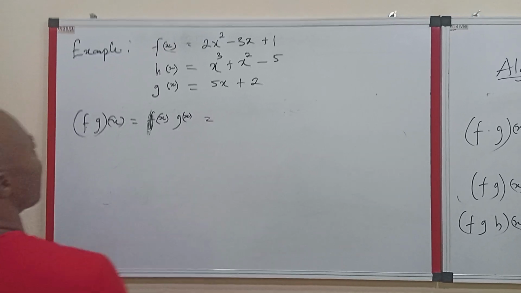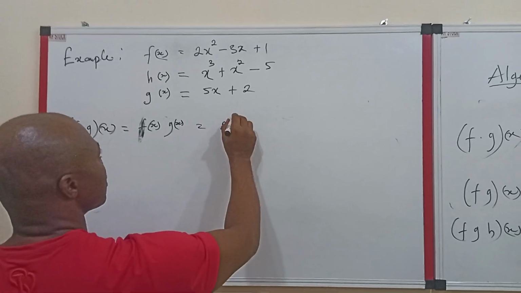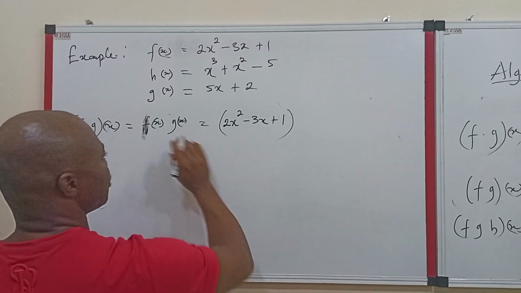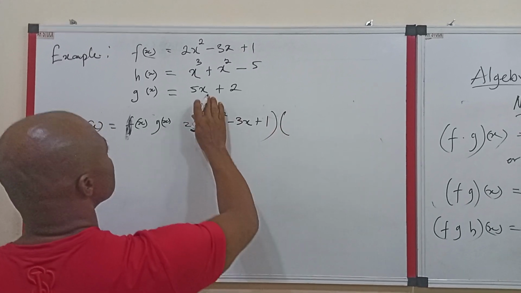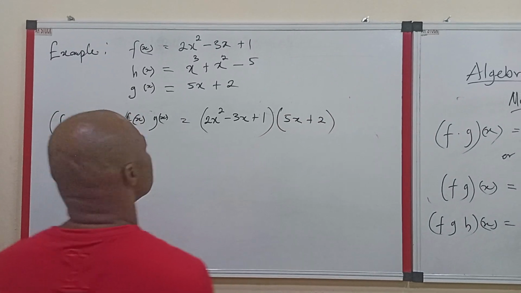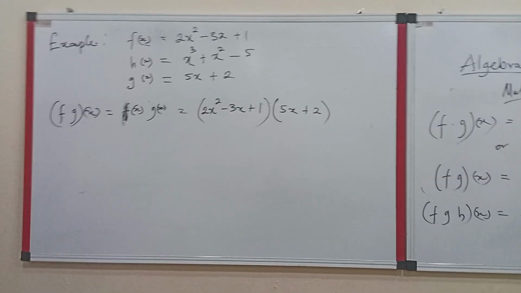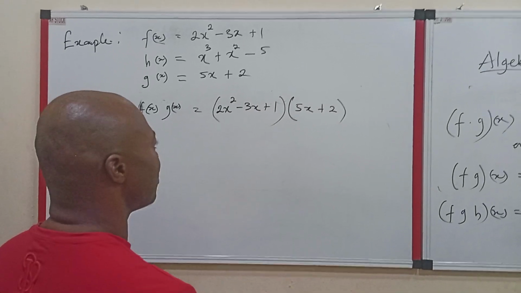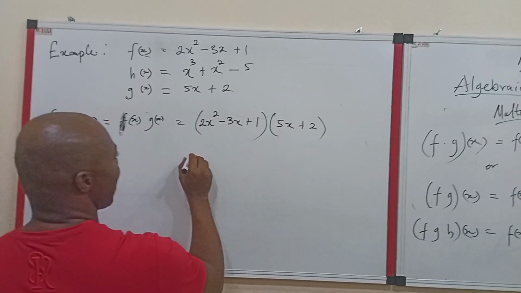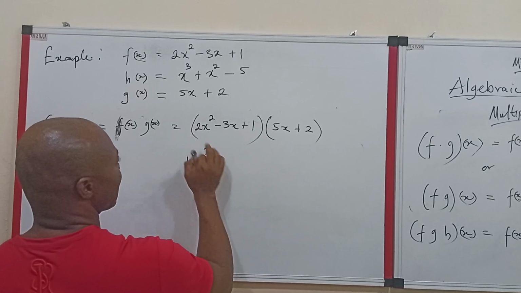Now remember that our f of x is 2x raised to the power 2 minus 3x plus 1, and g of x is 5x plus 2. So you can go through this simply by opening the brackets. Now, this multiplied by this, we are going to have 10x raised to the power 3.